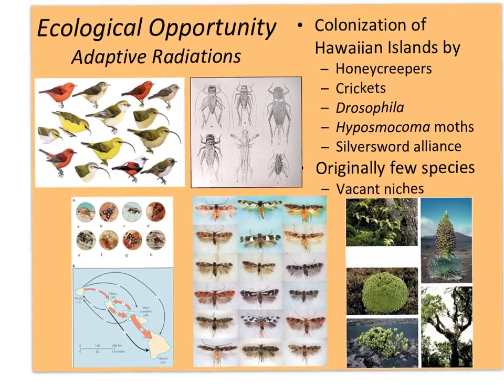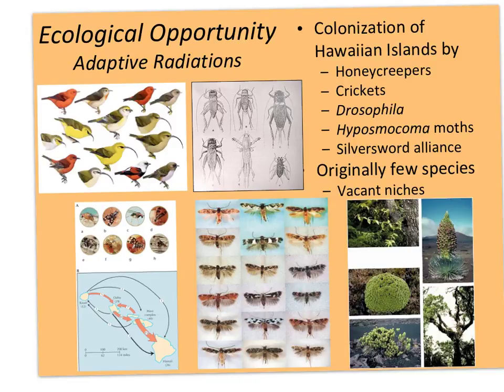Okay, so here we are with the Hawaiian Islands and ecological opportunity. Now, the Hawaiian Islands are over 1,000 miles from the nearest mainland. They're in the Eastern Pacific. How long does it take to fly from here to Hawaii? A couple of hours. So it's about 1,000, maybe over 1,000 miles away from the mainland.